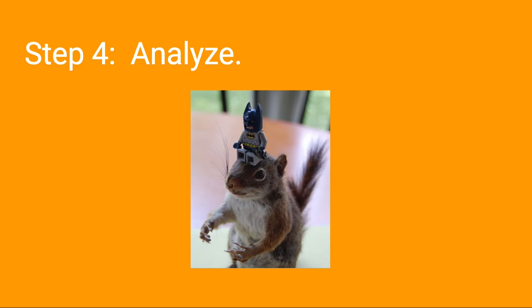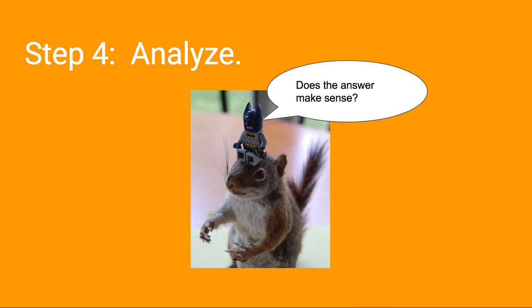Step 4 is to analyze that answer or that solution. Does the answer make sense? Is it reasonable in the world? If it is, then you're probably good to go. If your answer doesn't make sense, like if your answer seems like this image of Lego Batman sitting on a squirrel's head and that doesn't make sense, then there might be some kind of misunderstanding or maybe a mistake in your work.